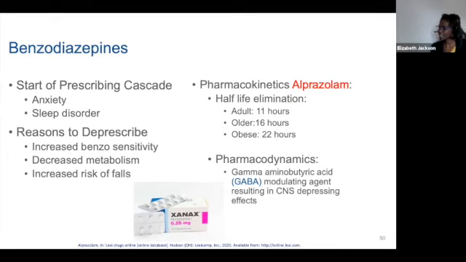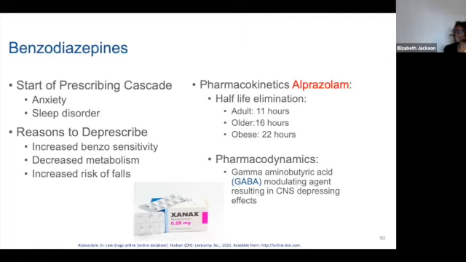The patient takes the alprazolam. The half-life elimination of the geriatric patient or the older patient is going to be 16 hours. If they're obese, it's going to be 22 hours. Compare that with someone who's not a geriatric patient, that would be 11 hours. So if they're older and they're obese, essentially the half-life is at least doubled.